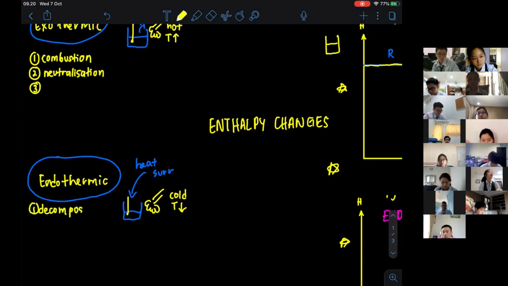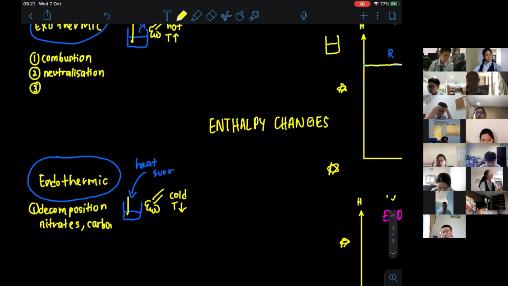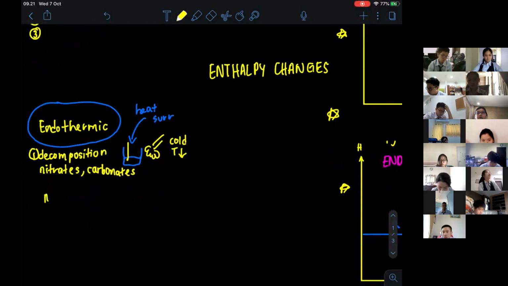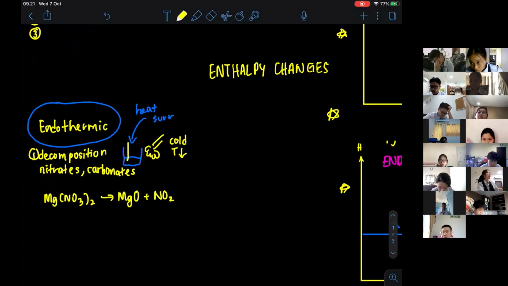For decomposition, there are 2 examples based on yesterday: decomposition of nitrates and decomposition of carbonates. Yesterday, we went through this example. If I write equations, for example, magnesium nitrate, when it decomposes, gives you magnesium oxide plus NO2, and another one is going to be O2.